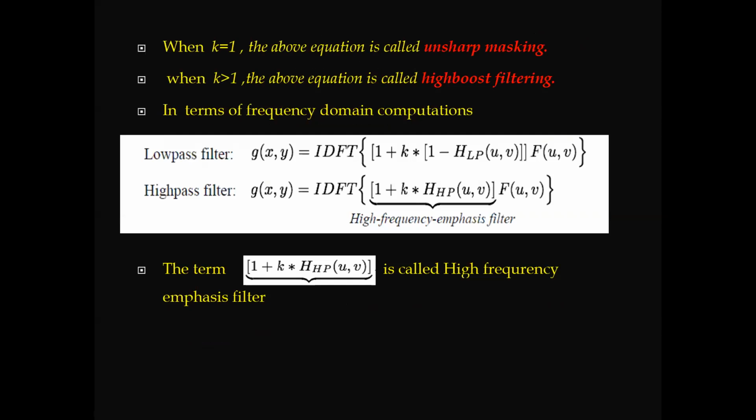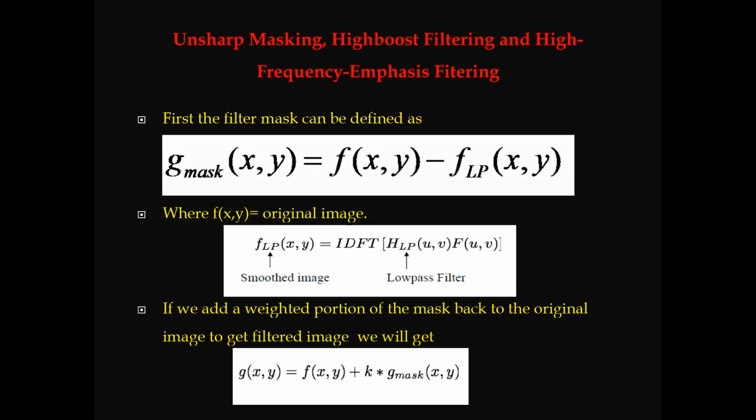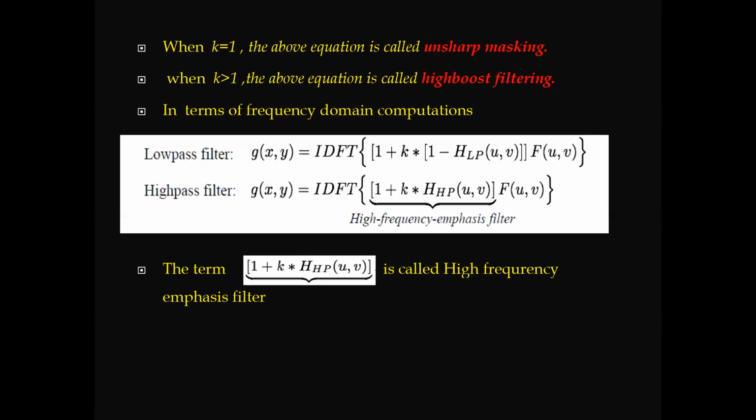You need to concentrate on this equation, g(x,y) equals f(x,y) plus k into g mask(x,y). If k equals 1, the equation is called unsharp masking. If k is greater than 1, it is high boost filtering.